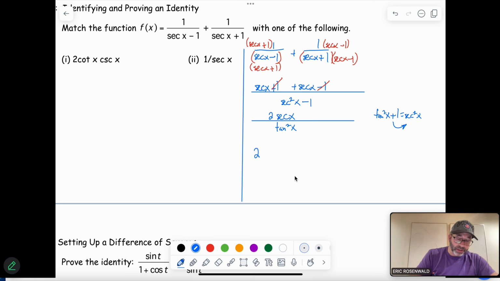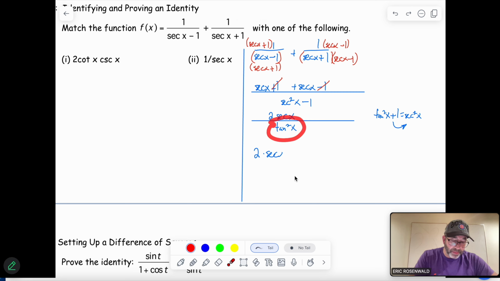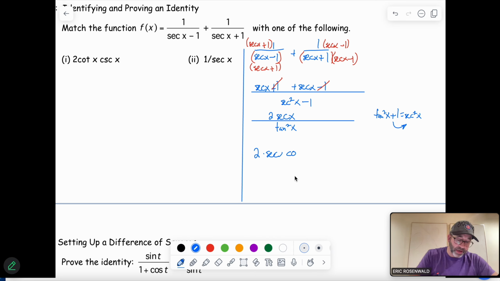We have in this, it says 2 secant of x. Okay, that's what it currently says. And then we have a tangent on the bottom of my fraction here. Well, if we go back to our identities, 1 over tangent is the same as cotangent. So we have our cotangent squared x right here. Okay. Let's see if we can simplify a little bit further.